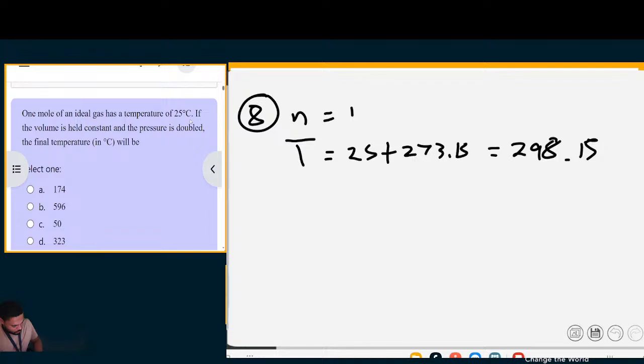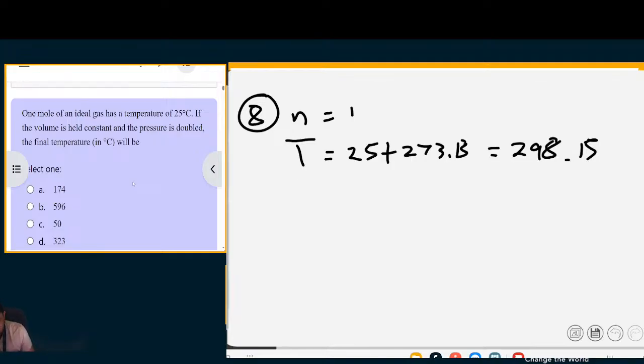Let me just check. Okay, then n is that.